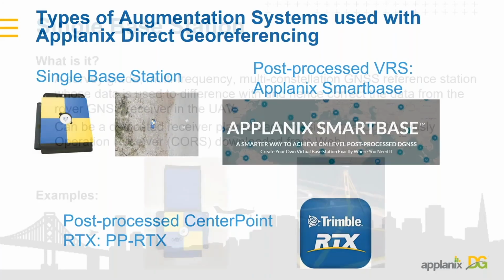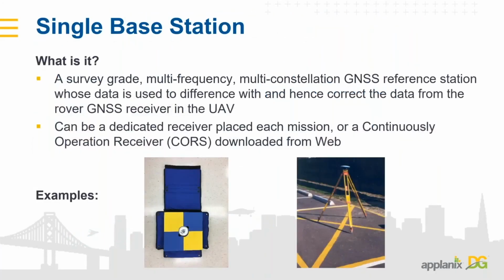Going directly into single base stations, what we're really trying to do is apply differential GNSS, which is a very common GNSS surveying technique, where we utilize a survey grade, high accuracy, multi-frequency, multi-constellation reference station to apply a differential correction and completely remove a lot of the common errors associated with GNSS observations.